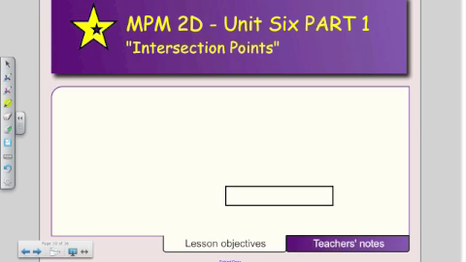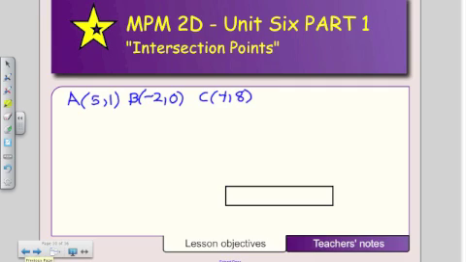So consider the triangle with point A, 5, 1, B is going to be -2, 0, and the vertex C is going to be 4, 8.